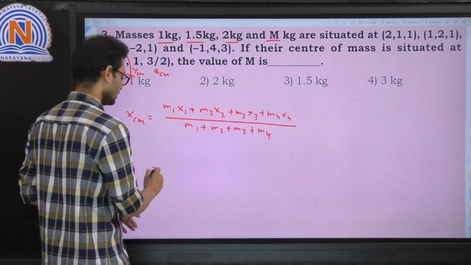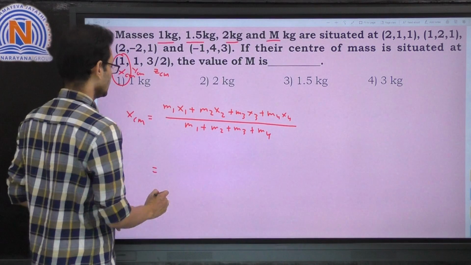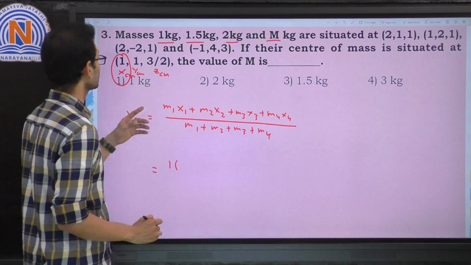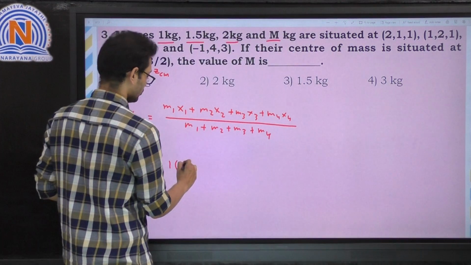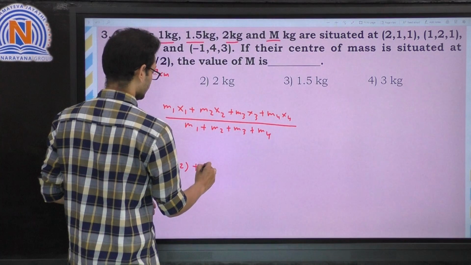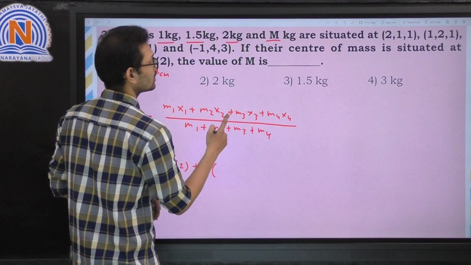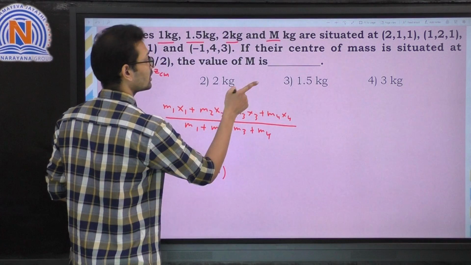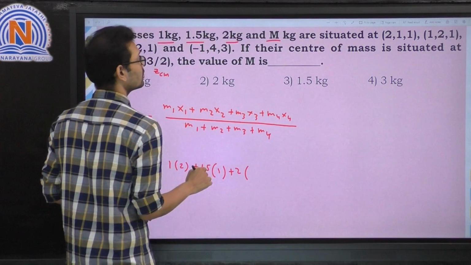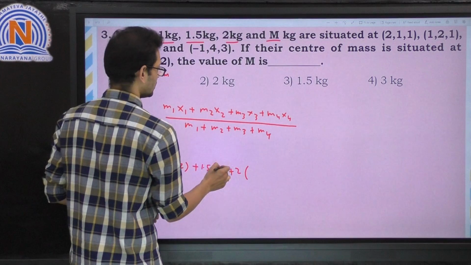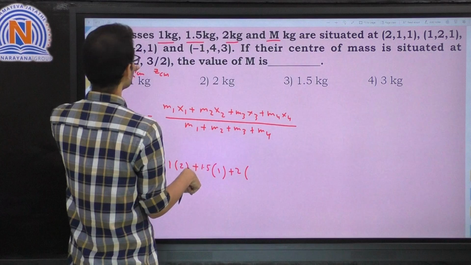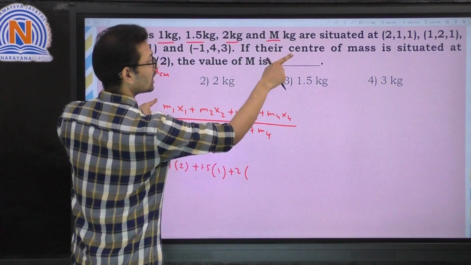So we will just substitute these values. 1 into x value is 2, plus 1.5 into 1, plus m3 is 2 into x3, which is 2.